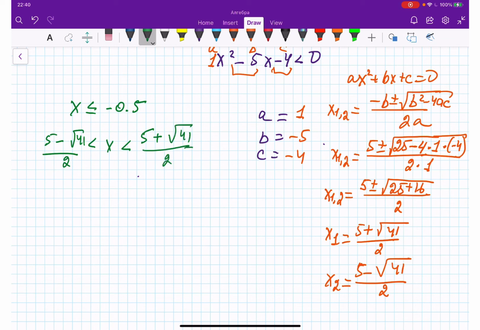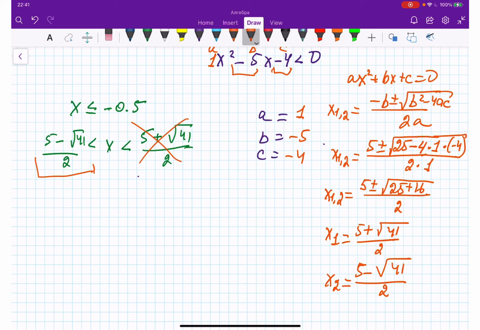So which one is going to fit in the range x less than -0.5? It's going to be only this piece. Because 5 plus square root of 41 is 6.4, it's going to be greater than negative 0.5, yes? Which means this one is not going to work.